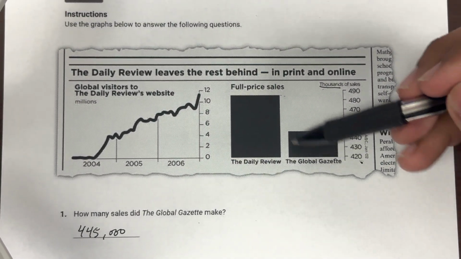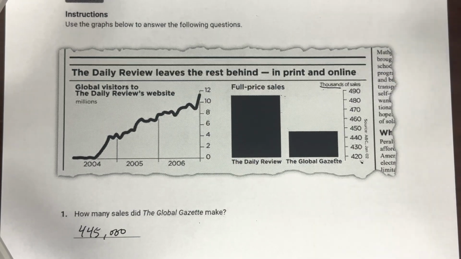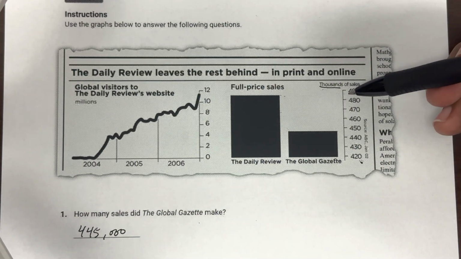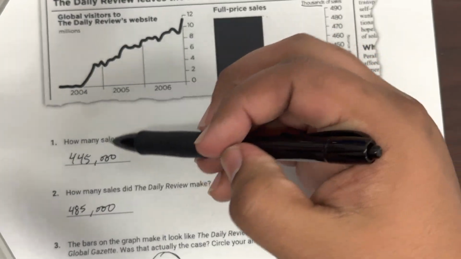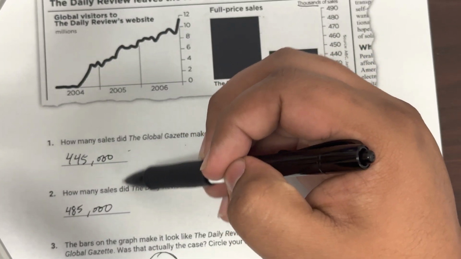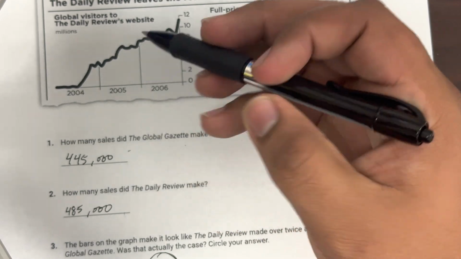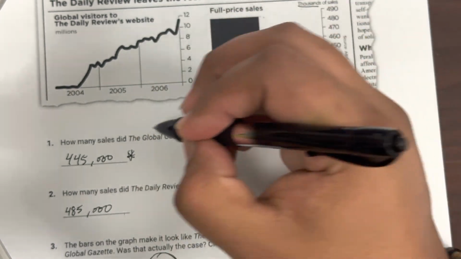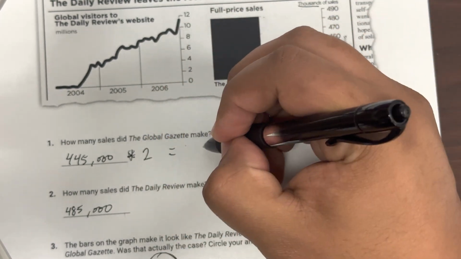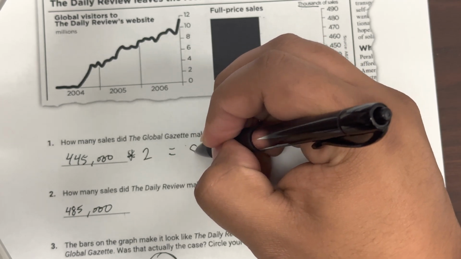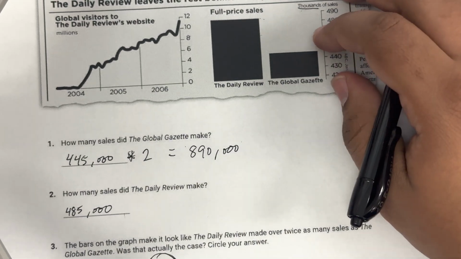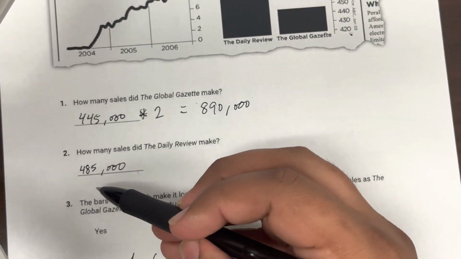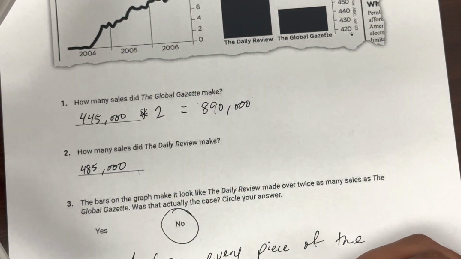We think, okay, this is smaller, this is bigger, this looks 2 times. Okay, check mark. But in fact, we look at this very specifically, even after we make the marks, there's only a $40,000 difference. And if we were going to say double this, we'd be looking at close to $890,000, which is not even close to what we got right here from the Daily Review.